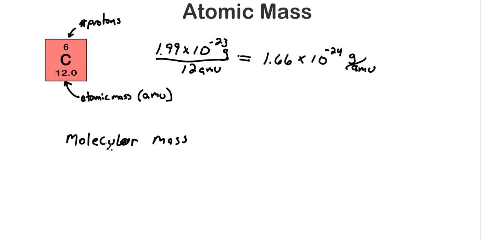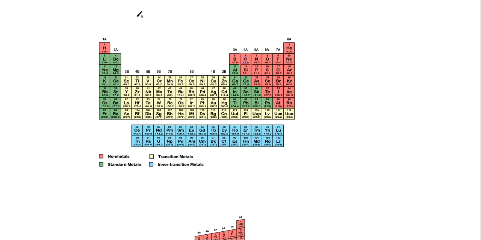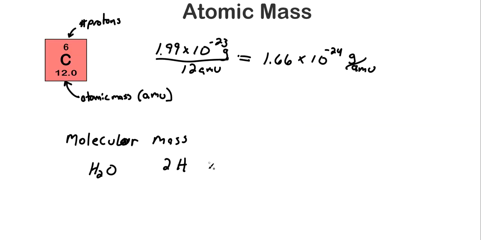So let's take something simple. First of all, let's take water, H2O. For its molecular mass, we've got 2 hydrogens, and if we look at our periodic table of elements, hydrogen has a mass of 1.01. So 2 hydrogens times 1.01 AMU gives us 2.02 AMU worth of hydrogen.